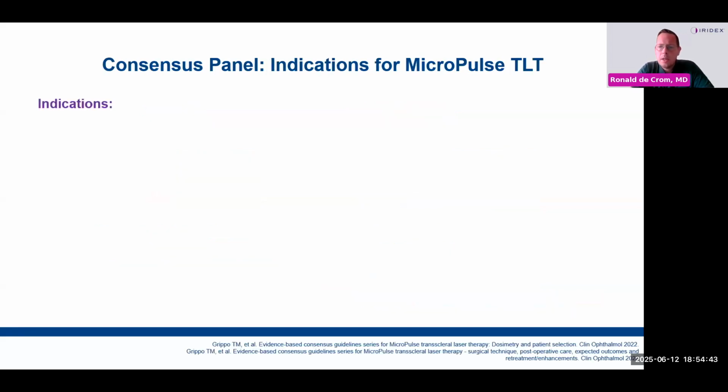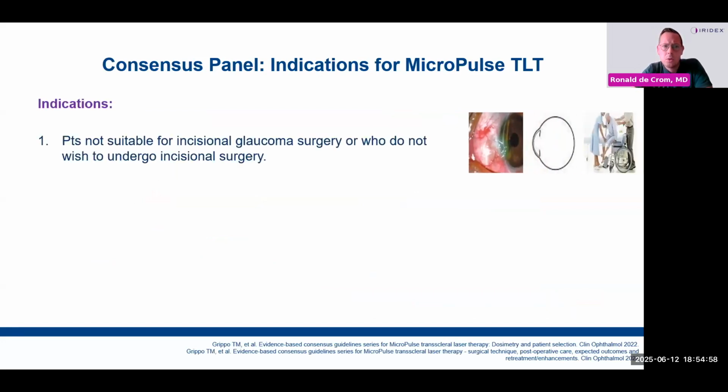So in 2022, we made some consensus panel guidelines in which we described good indications for treatment with micropulse transscleral laser therapy. One good indication for treatment are patients who are not suitable for glaucoma surgery, or who don't wish to undergo incisional surgery.